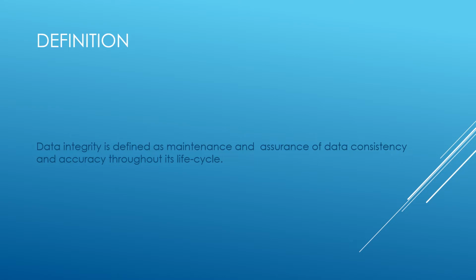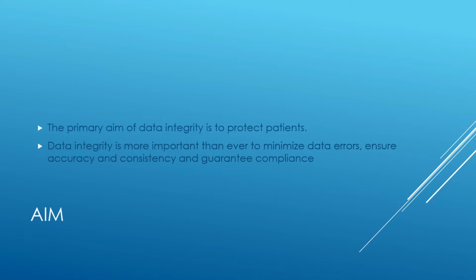So why is it important? Let us see. The primary aim of data integrity is to protect patients. Data integrity is more important than ever to minimize data errors, to ensure accuracy and consistency and guarantee compliance.